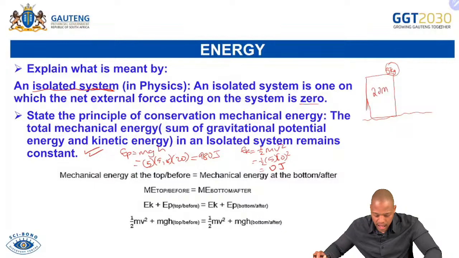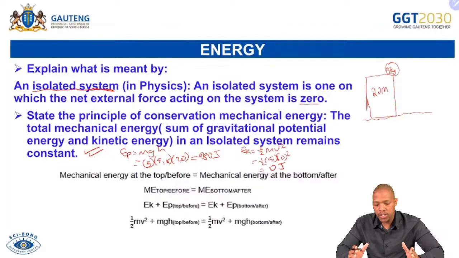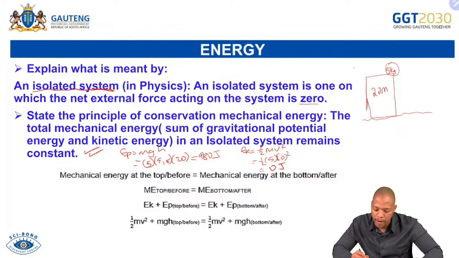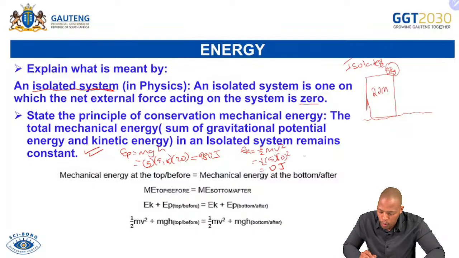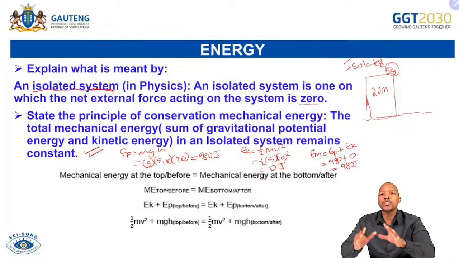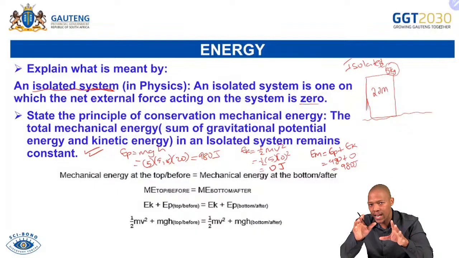Okay, but now what are we saying about the conservation of mechanical energy? We say if the system here is isolated, what will be the mechanical energy of the ball here? The mechanical energy of the ball will be ME is equal to EP plus EK, which will be 980 plus 0. This gives you 980 joules. So the mechanical energy of the ball on top will be 980 joules.